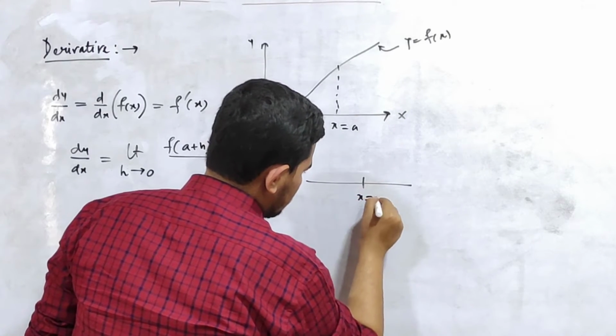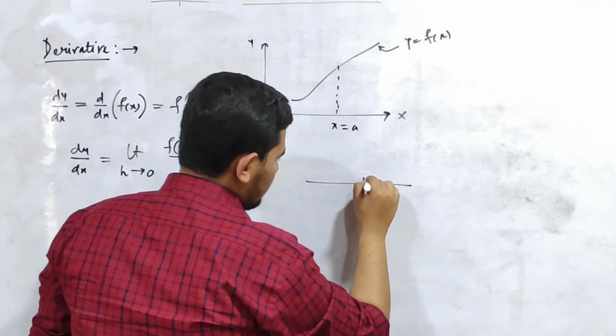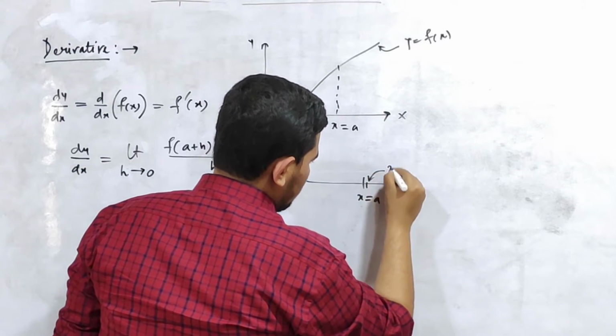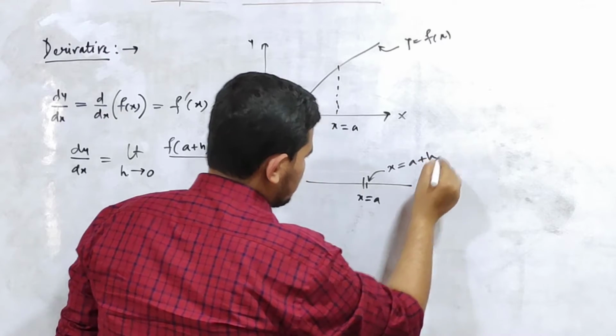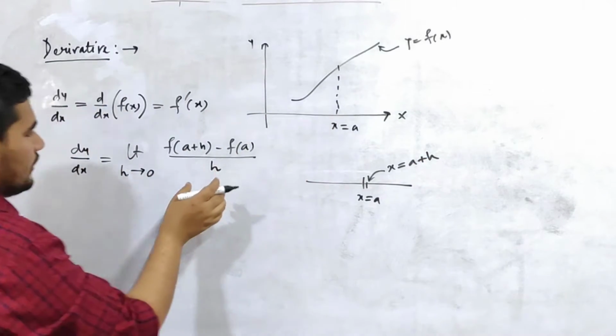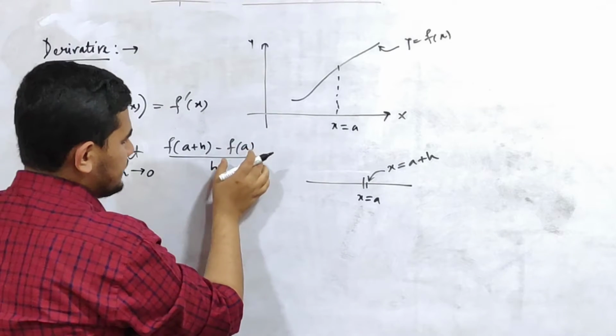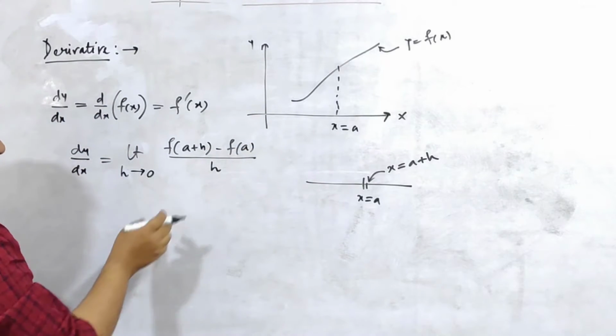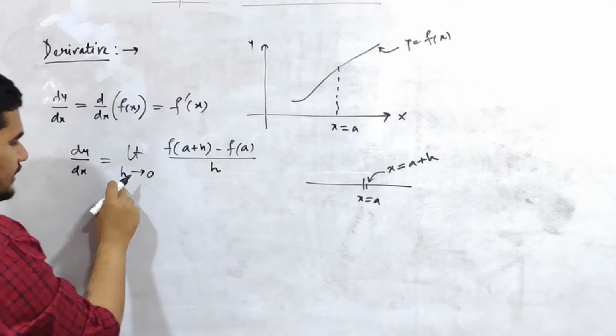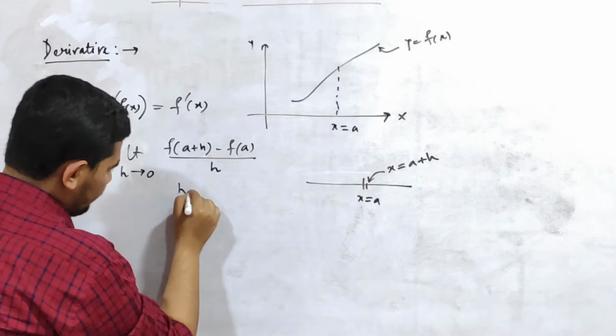If I denote this as x equal to a, then I get a point nearby x equal to a, that is a plus h. And again I evaluate this function f(x) at exactly x equal to a. Here h is a very small value.